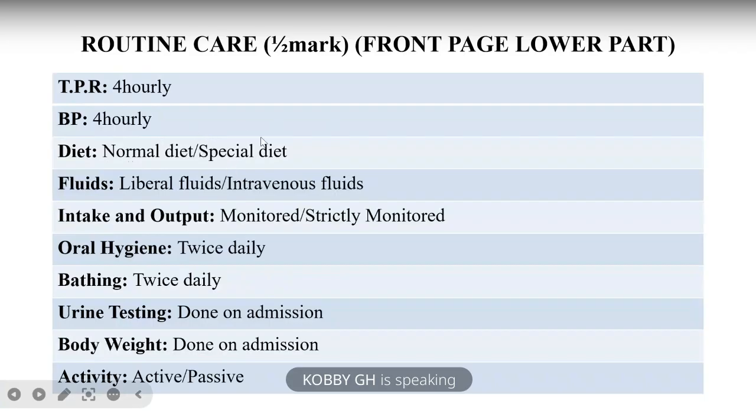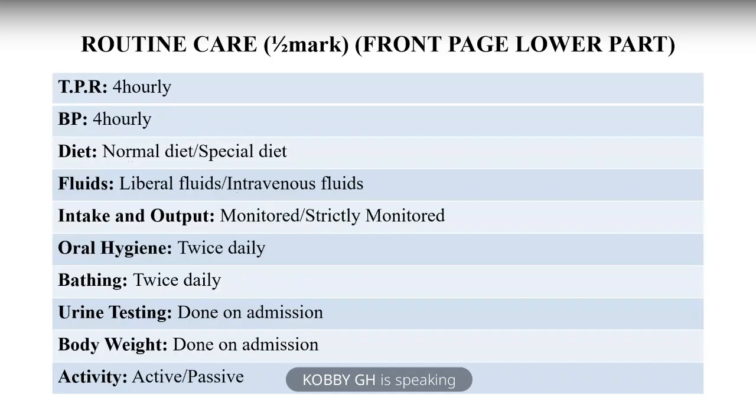Okay, when do we write special diet? When the person is on NG tube, or when the patient is having a condition where the doctor has prescribed some restricted foods.